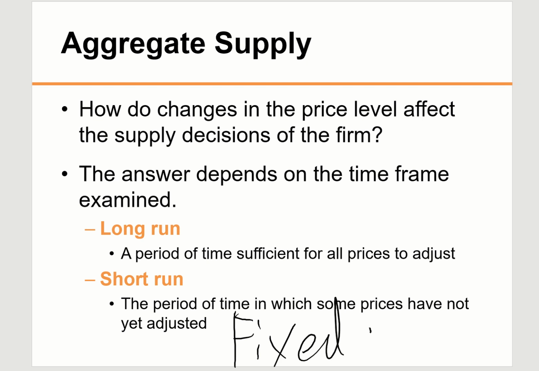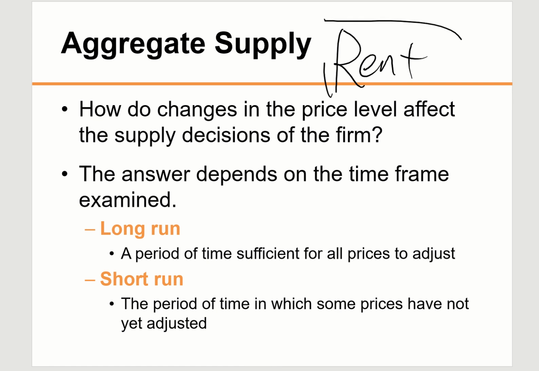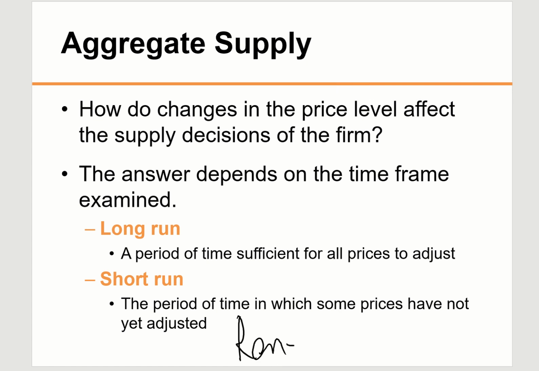So one example you can think of is rent, how much rent a company pays. If you're talking from month to month, then rent is fixed. The rent wouldn't change because for most businesses, the rent is set by contract, so they don't change the rent every month.